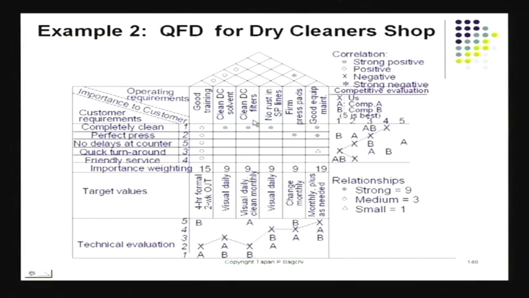We must have clean dry cleaning filters. We must have no rust in all the lines that bring in that fluid into the tank there. We must have firm pressing pads so that I get good press, and also I must have good equipment all throughout. These are determined to be the requirements that now need to go into my shop.